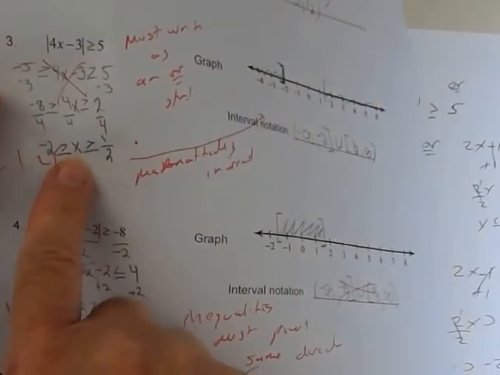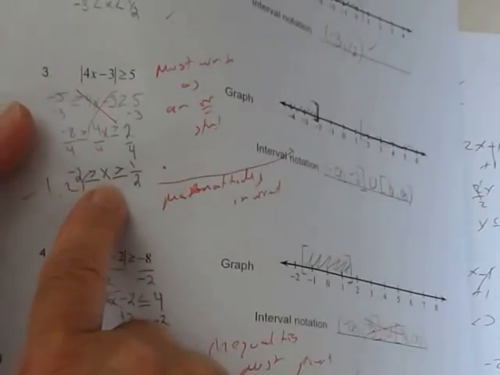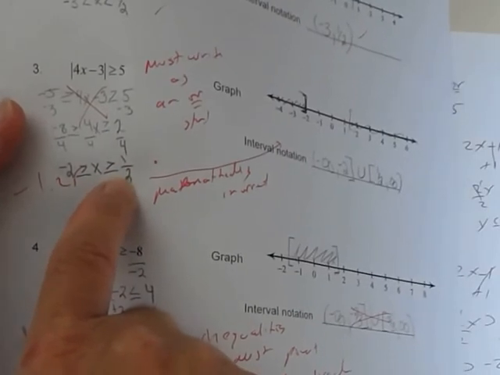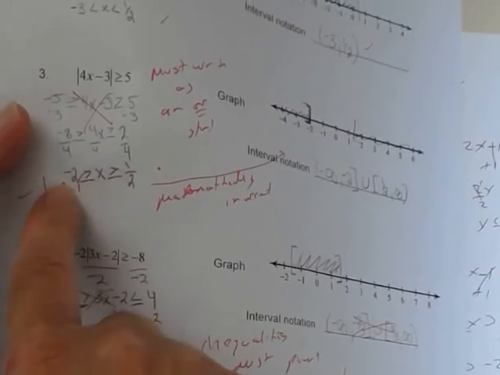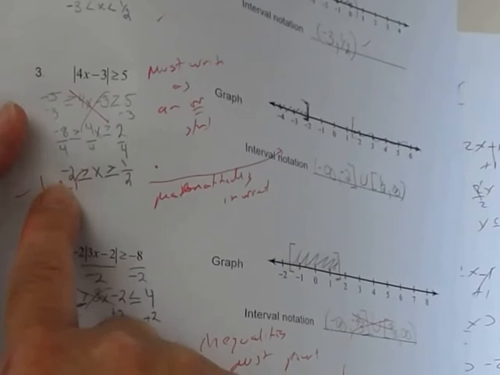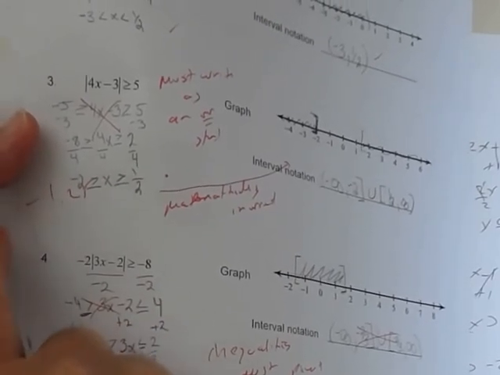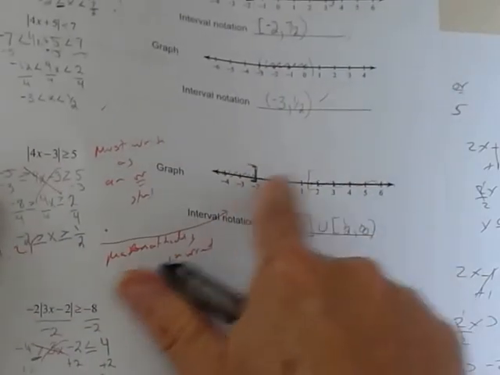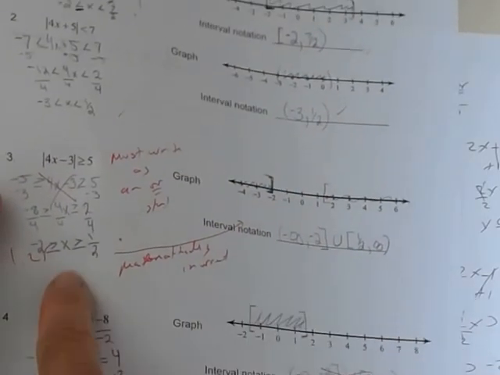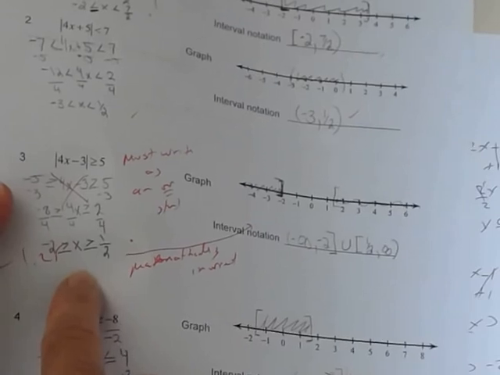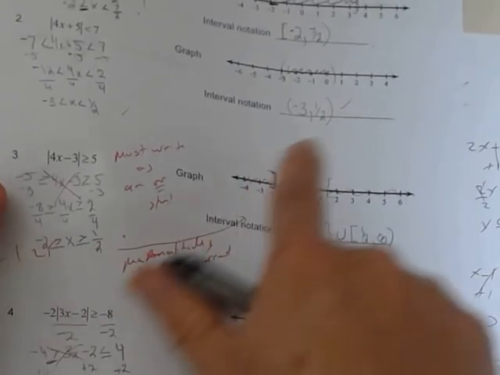She says x must be greater than or equal to 1/2, and at the same time, it must be less than or equal to -2. Give me a number that's bigger than 1/2, and at the same time, less than -2. There isn't any. Well, she's saying there is. These are the solutions. But according to this, there isn't any. This does not follow this.